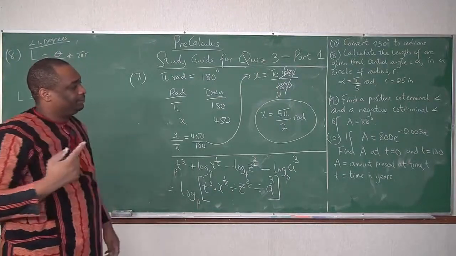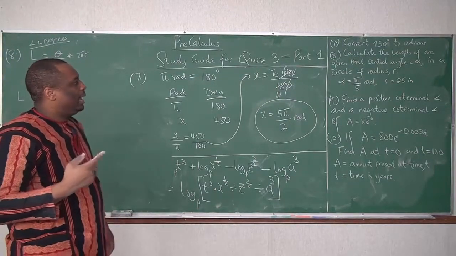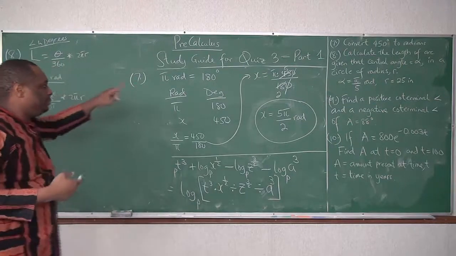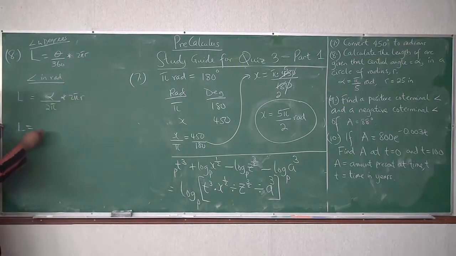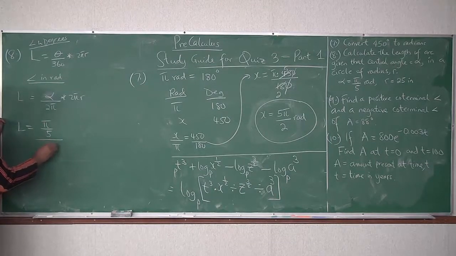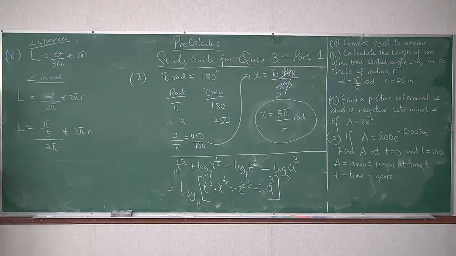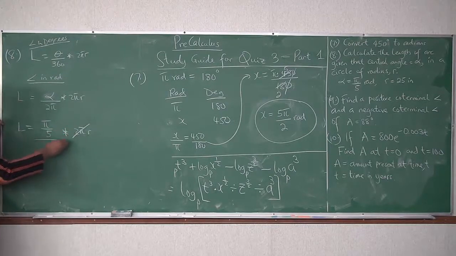Then we now have to substitute this: pi over 5 divided by 2 pi times 2 pi r. We can go ahead and divide this right away.